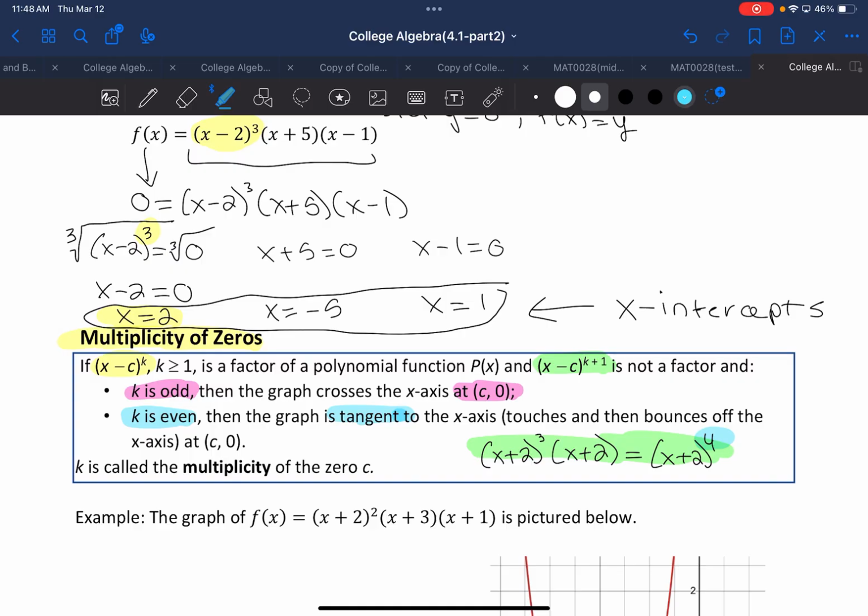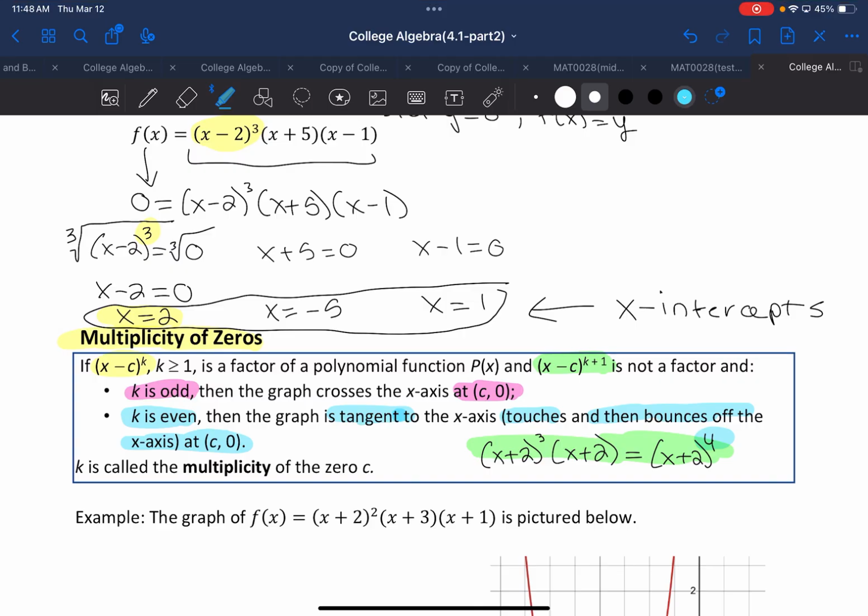Tangent means that it touches the x-axis, so it will be a point on the x-axis, which is an x-intercept, but then it just bounces back off. So it doesn't actually cross all the way through. So this is just another property we can use to analyze functions.